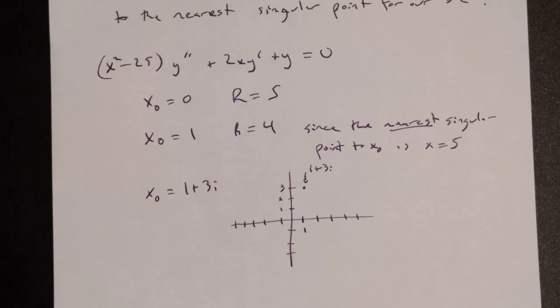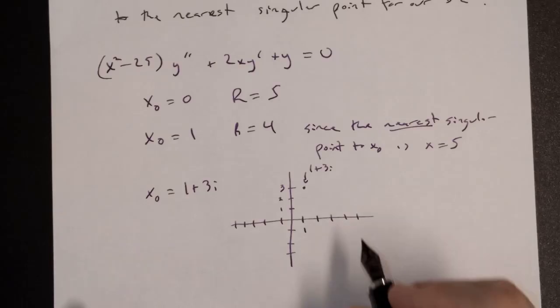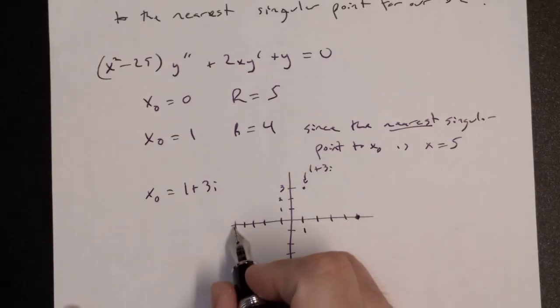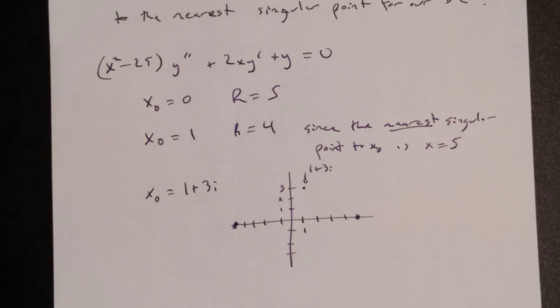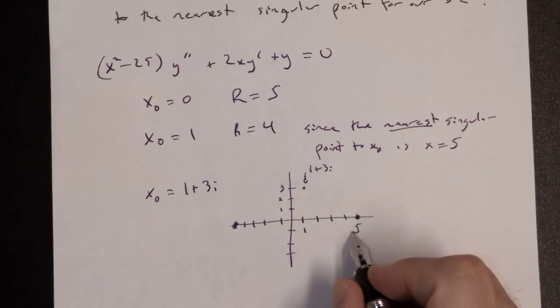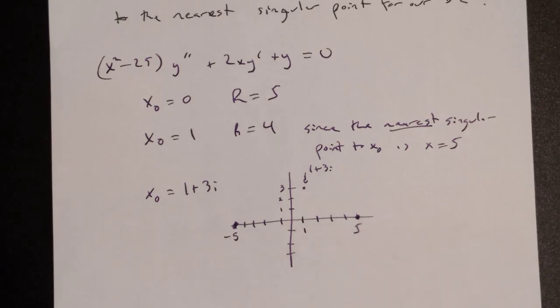Where are my singular points? Oh, they're on the real axis. How far is it from this point to the nearest singular point?